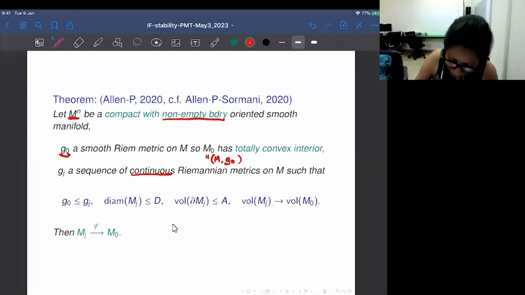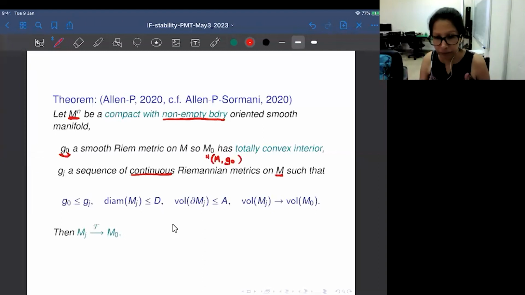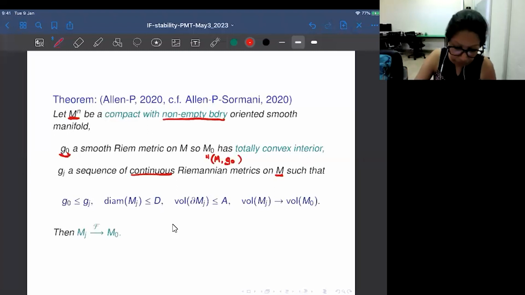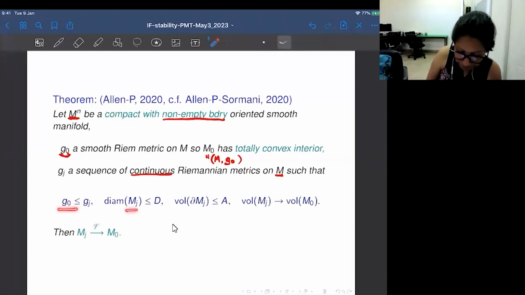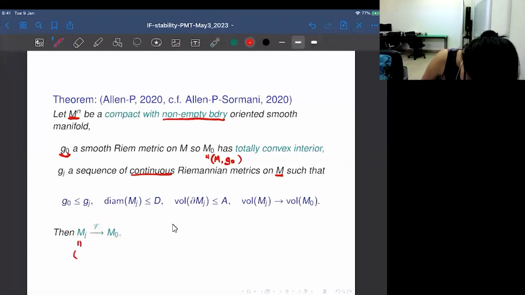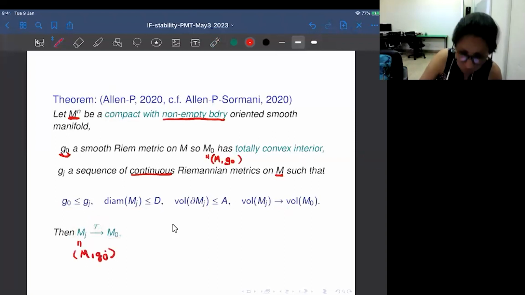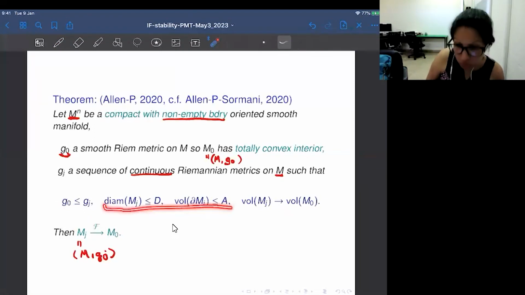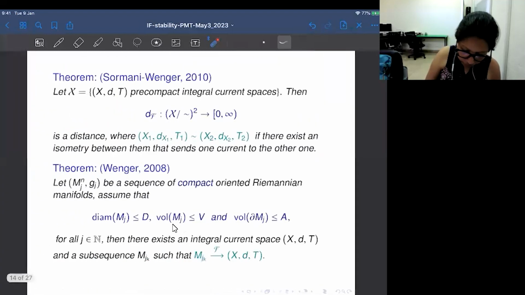This sequence of Riemannian tensors is also defined on the same manifold M, because I'm fixing the topology of my sequence. And then if the following four conditions are satisfied, I can say that the manifolds Mj converge in the intrinsic flat sense to M0. And here again, Mj is just the manifold M with the Riemannian tensor gj. One should notice that one needs these conditions in order to have a compactness theorem, as I showed you here by Wenger.